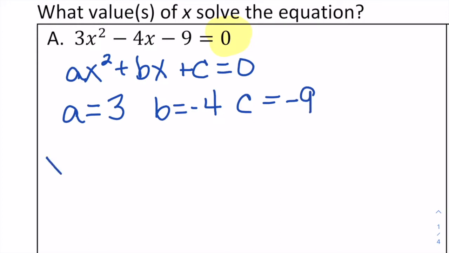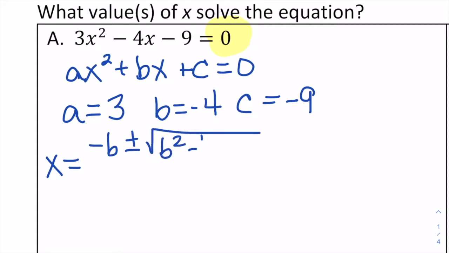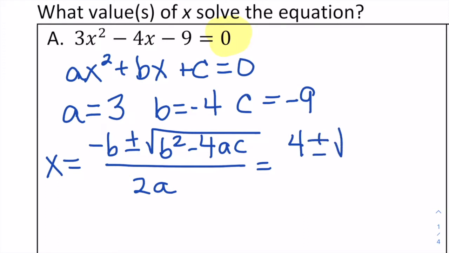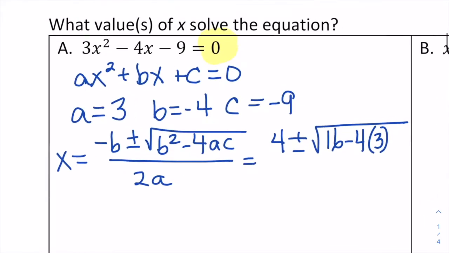And we're going to plug that into the quadratic formula. So that's -b plus or minus the square root of b squared minus 4ac, all over 2a. Here b is -4, so this will be 4 plus or minus, and then -4 squared is 16, and then we'll have -4 times 3, times -9, all over 2 times 3.